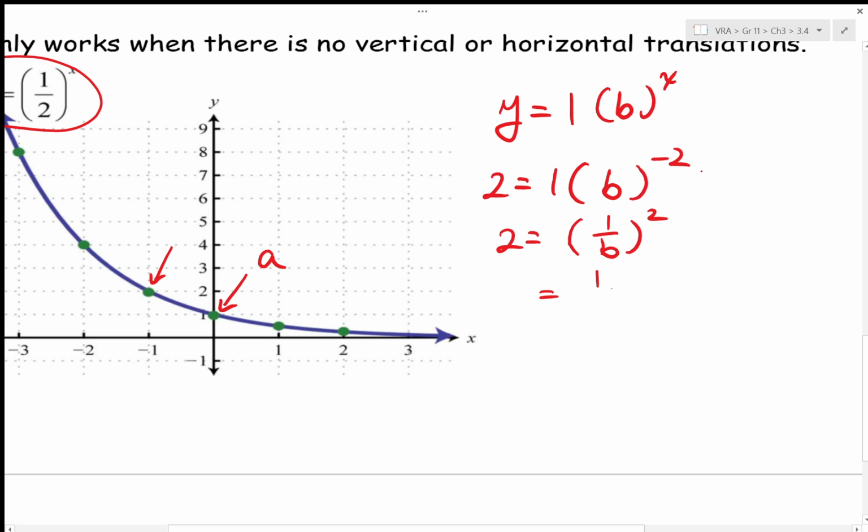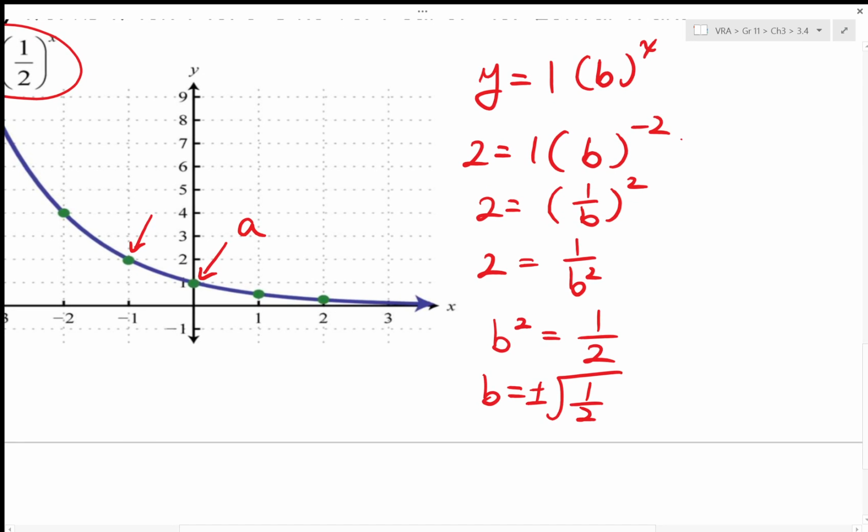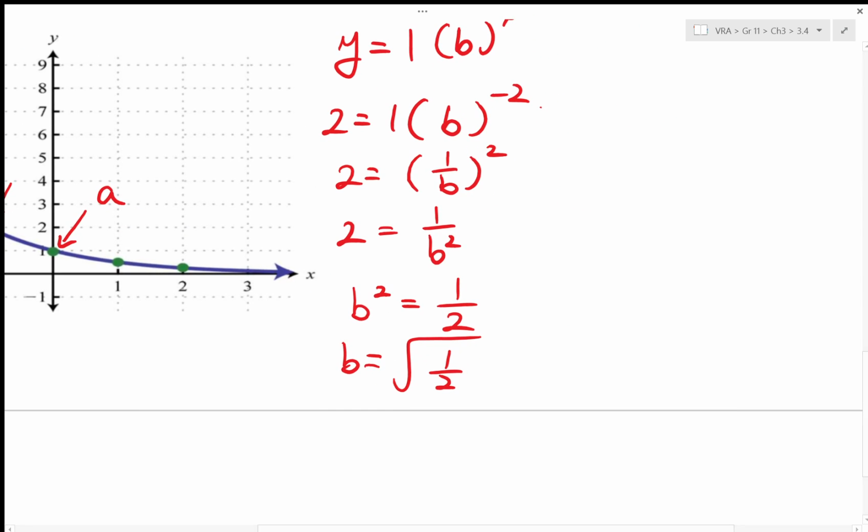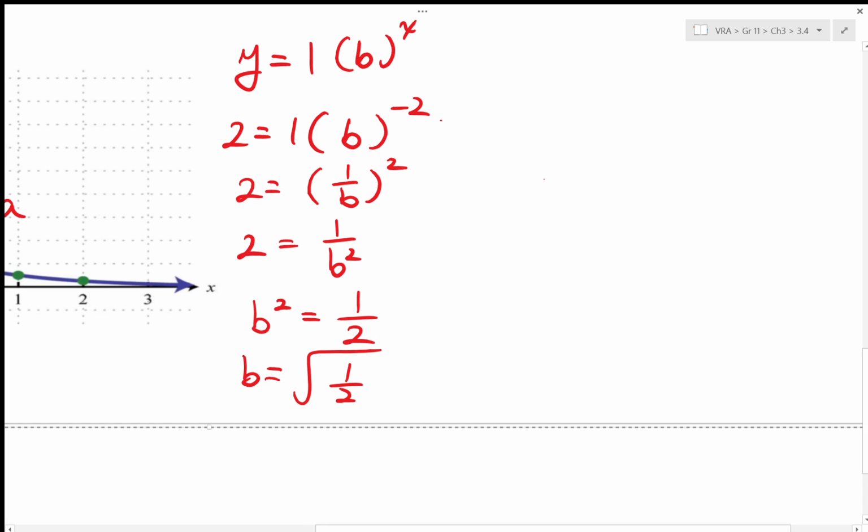So 1 over b squared equals 2. Now you're solving for b squared, so b squared equals 1 over 2. So then b is the square root of 1 over 2, plus minus in the front. However, I told you that b will never be negative, so it should be just a positive square root of 1 over 2. Are we okay?